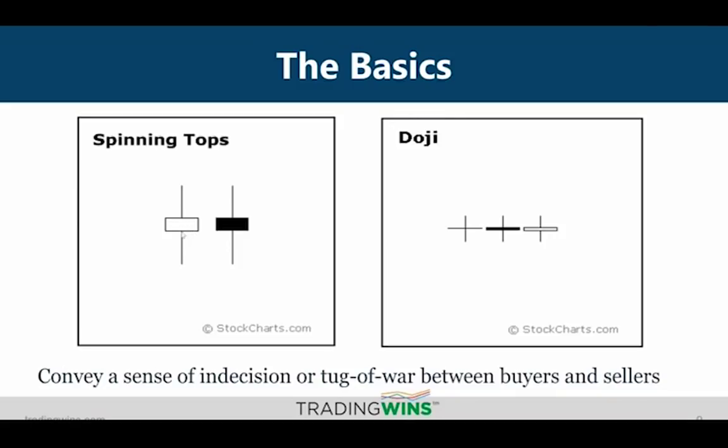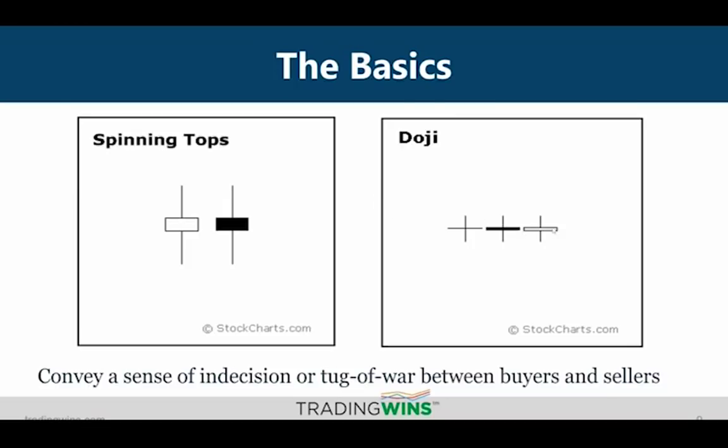So we can give the upper hand to the buyers, but not by much. There was almost as much selling as buying. It was a huge tug of war. So this tells us that it was a real struggle, and the buyers just squeaked it out. Here it was the sellers that squeaked it out.